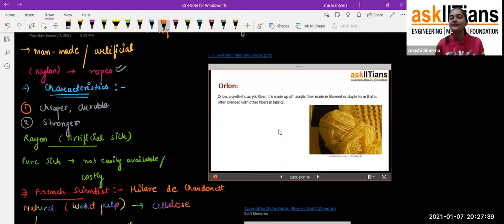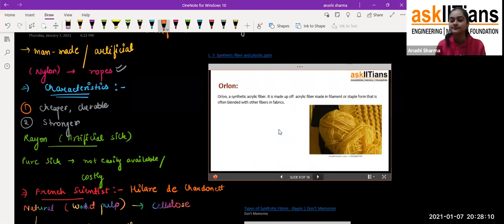And that is why we can say it is not a good thing to take clothes from someone else's body and cover ourselves with it. So scientists discovered an alternate to wool, which has the same characteristics: it is warm, easy to handle, and lightweight. And that is how Orlon, or the acrylic fiber, comes.